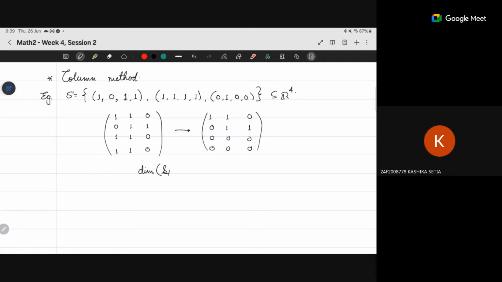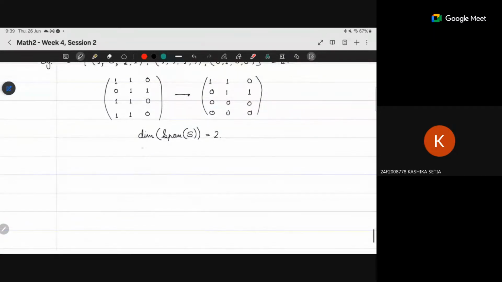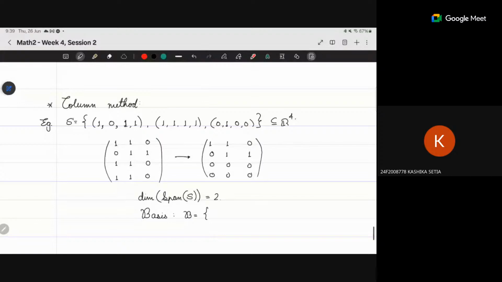Dimension of span of S is 2. Now for the basis, in this case again, of course, we'll not take rows now because we have arranged the vectors as the columns. And even among the columns, we don't take the columns themselves.